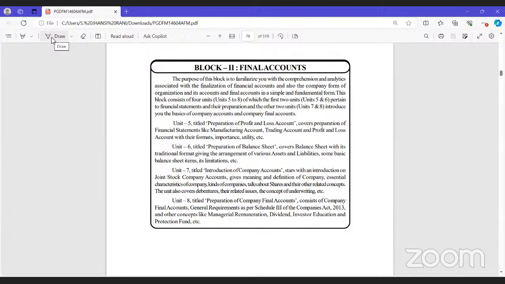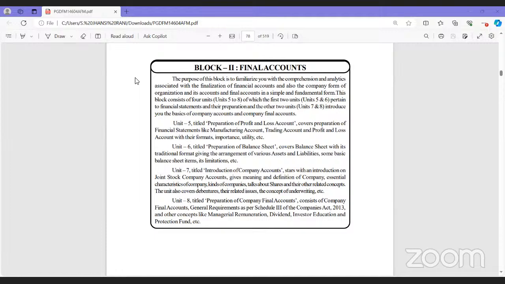So first we will understand what is final accounts and what are the different types of accounts that are prepared in final accounts. Before going into that, let us understand that every company or every business organization wants to earn profit.